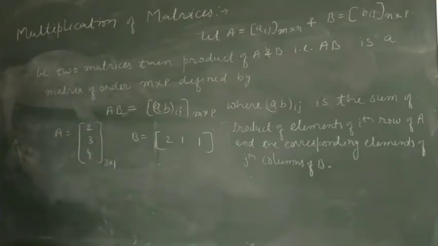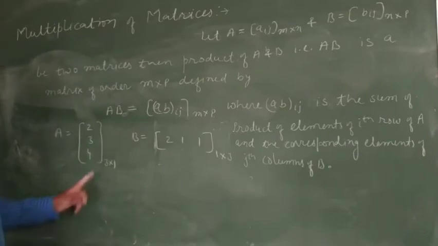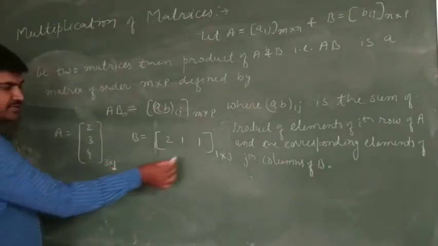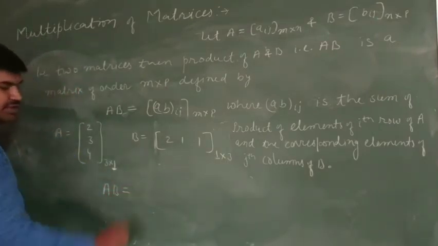Dear students, the order of B is 1 by 3 and the order of A is 3 by 1. Since the number of columns in A is equal to the number of rows in B, therefore it is possible to get AB.